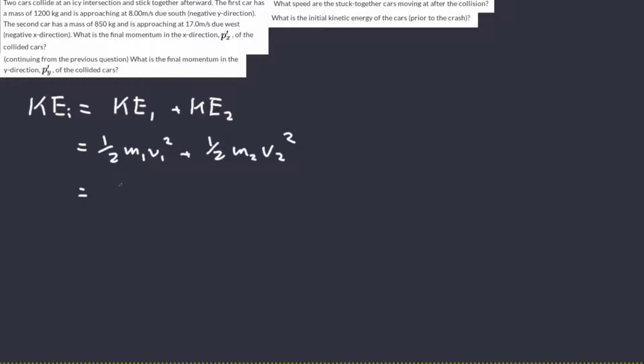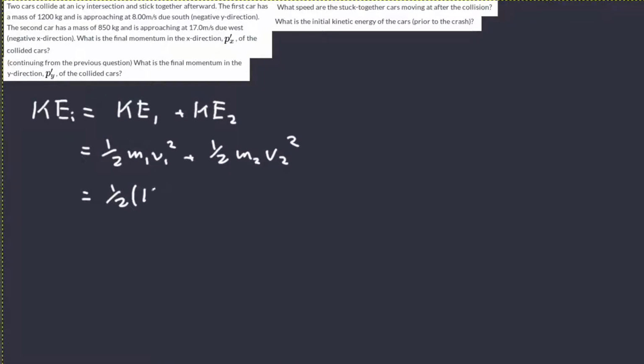So I can plug in all these different numbers, something like 1/2 times 1200 times 8 squared plus 1/2 times 850 times 17 squared. And our unit here is joules for this entire expression.